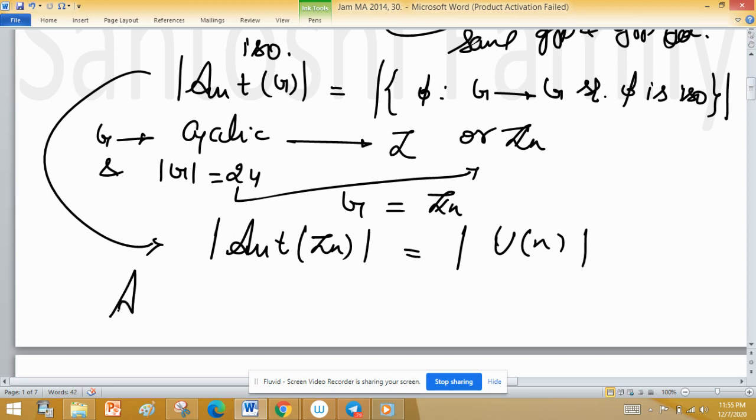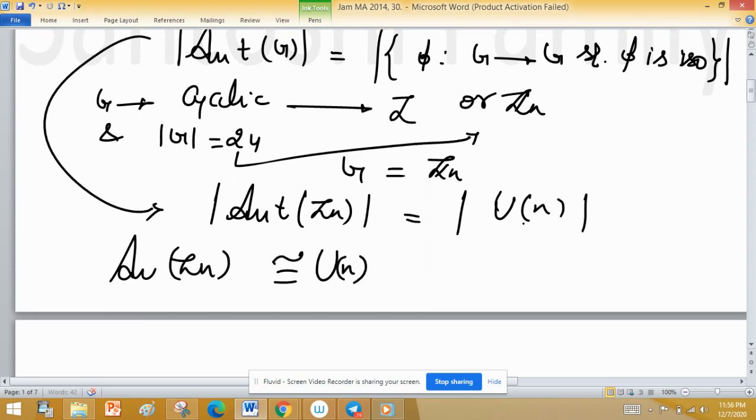Automorphism of Z_n is isomorphic to U_n, and we have to find the total number of elements in U_n, and it can be easily found by the Euler phi function phi(n), which we normally know.